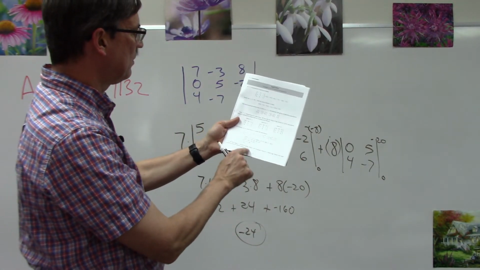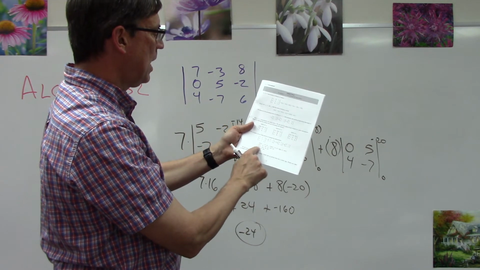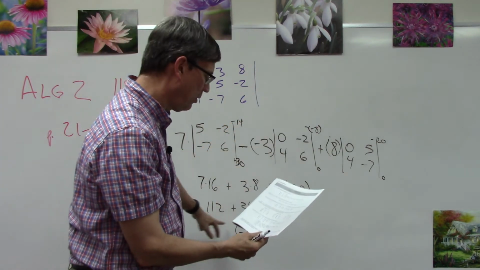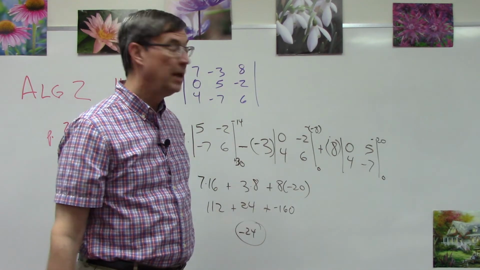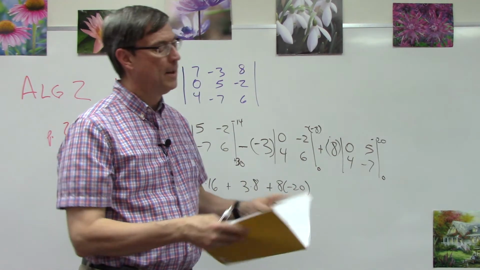Look here, page 21 at the bottom. They did all that math, same thing we just did, 112, 24, -160, and the answer is -24. It works! Isn't that cool?